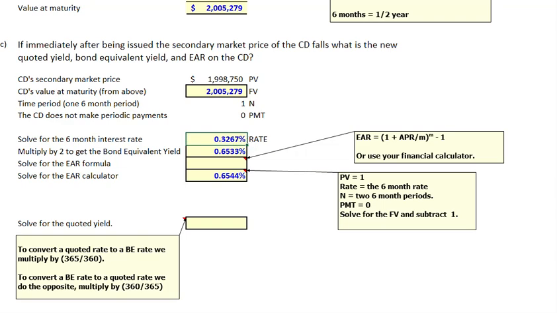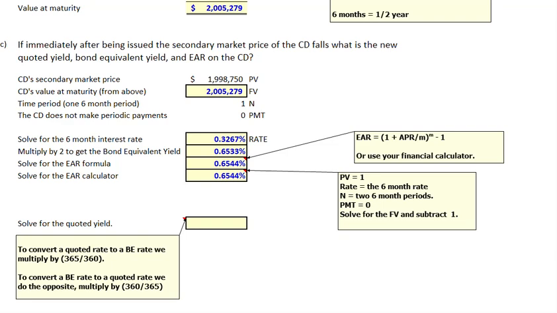So we can just take our 1 plus our point, and again, that's a 0.32%, so 1 plus 0.003267, and take that to the second power, and we would get our EAR of 0.6544%.